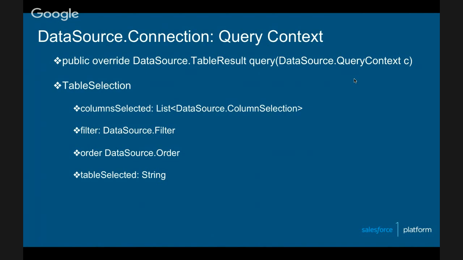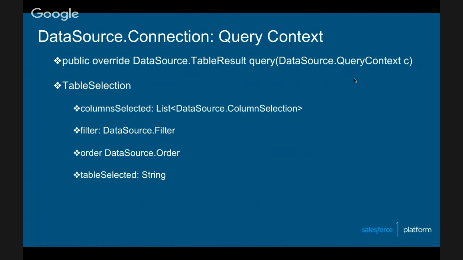So the filters can become very complex, but you can write some helper classes to help you figure out what it is that's being asked for, so you know how to talk to the system that you're going to query. The dataSource.order, just like a SOQL query or a SQL statement, it's the order by.